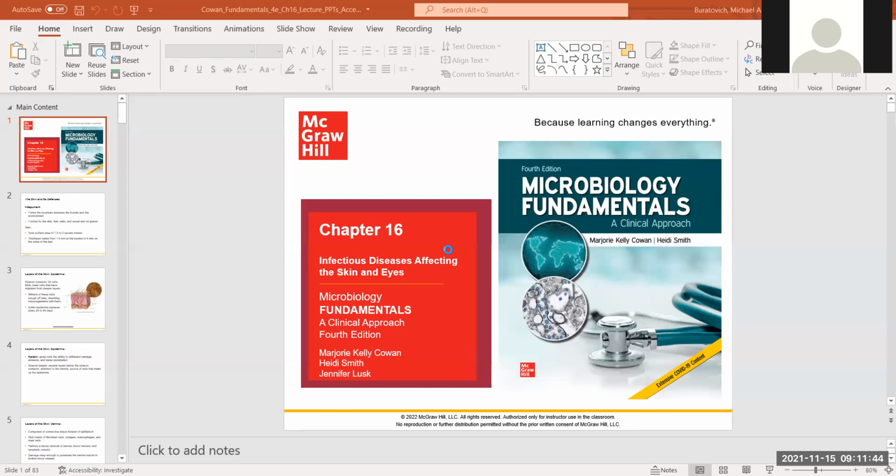What substance produced by skin is metabolized by normal microbiota, producing toxic byproducts that inhibit the growth of potential pathogens? Keratin is a lysozyme. What does lysozyme do? Breaks down bacterial cell walls. Is it sebum?